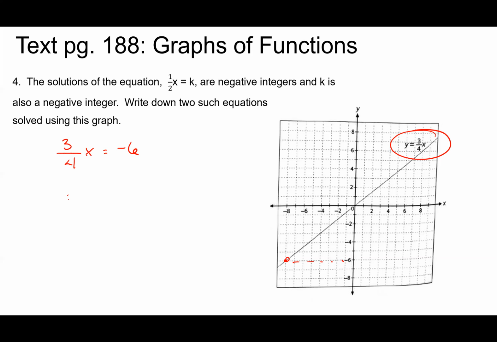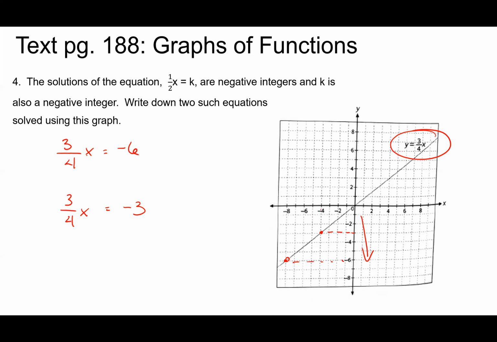Okay, let's do one more. 3/4 x equals, okay, let's pick another whole number for y. How about right here? What's y right there? Cruz? 3. Yeah. Well, no, actually, what is it? It is a -3, good. Let's see what our x is.